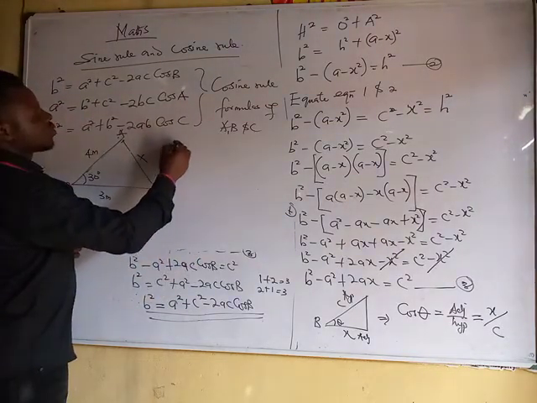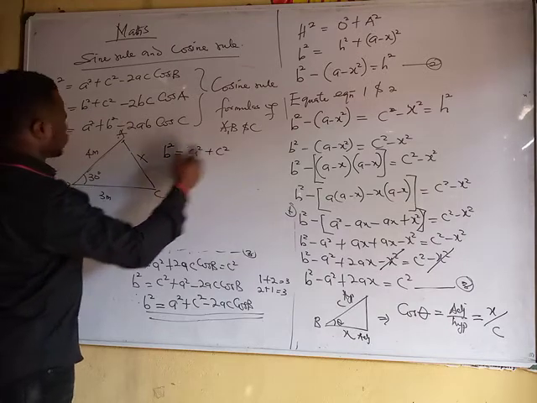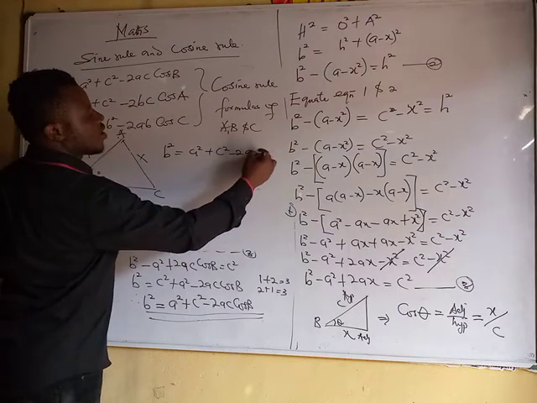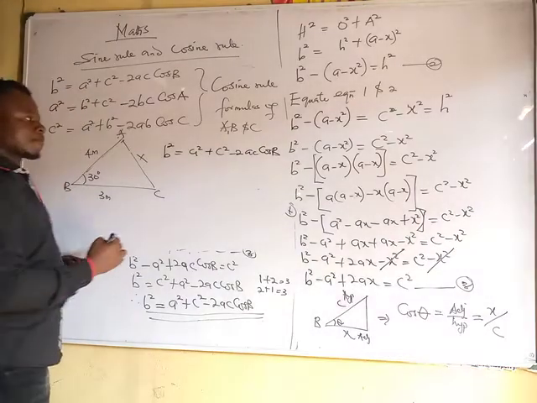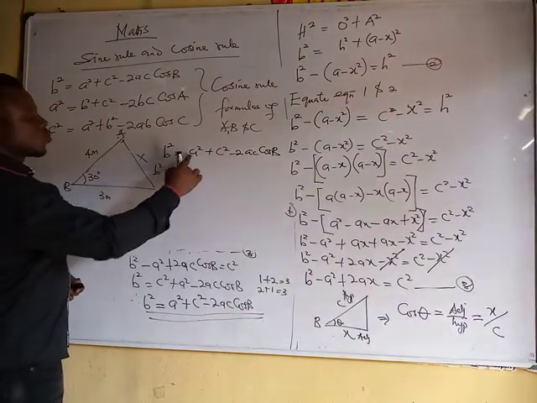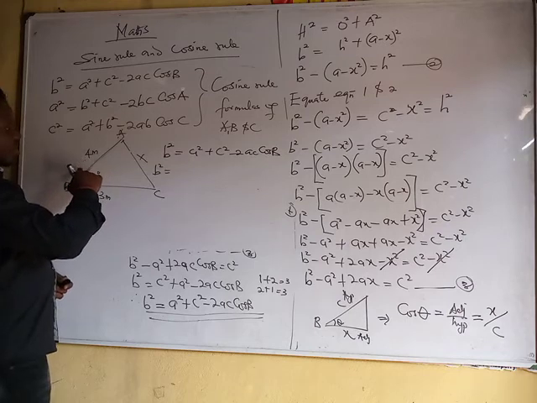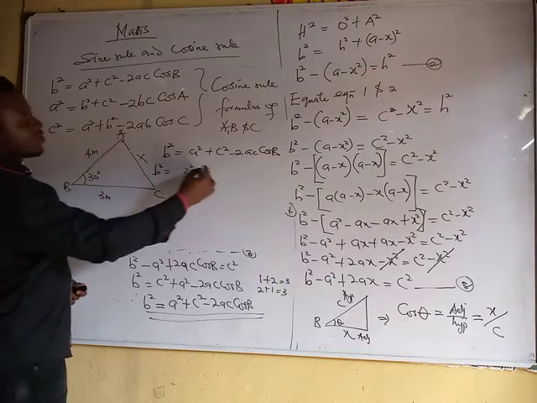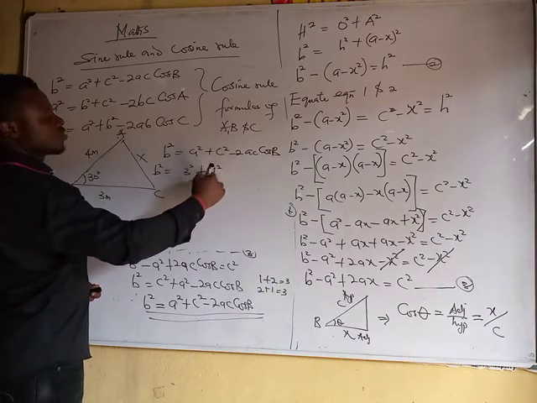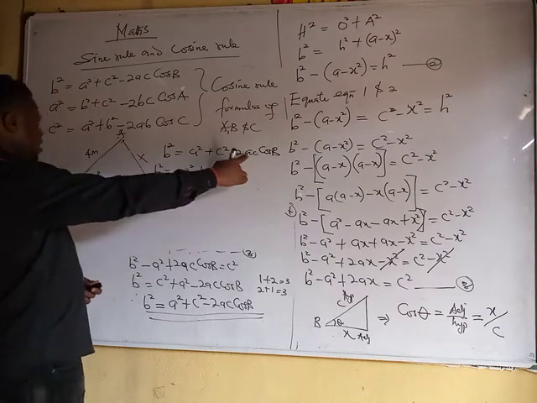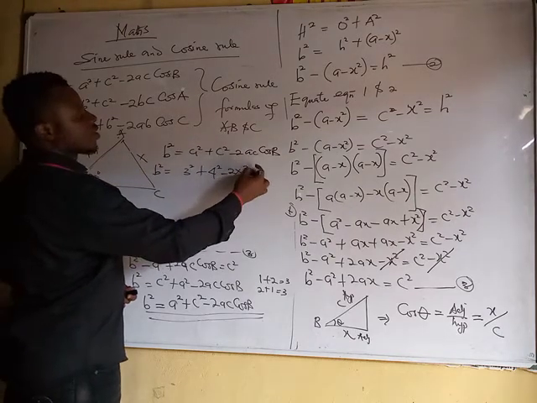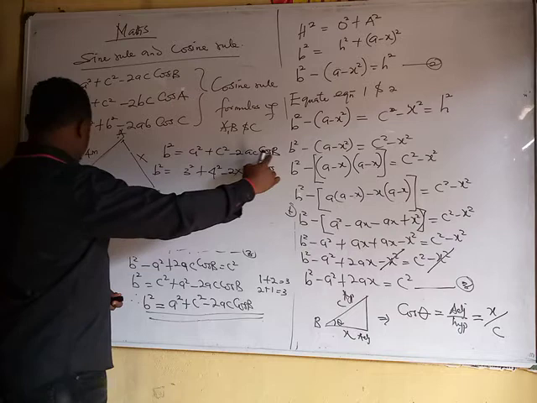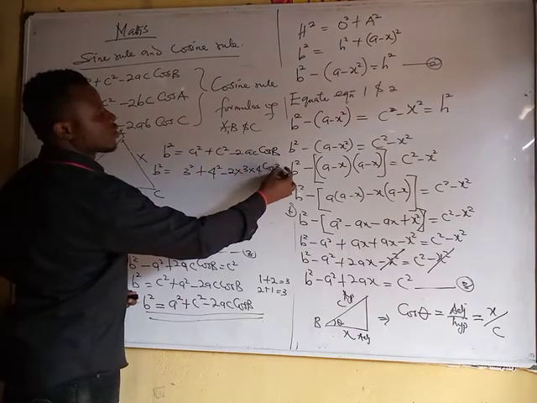We are going to use b squared is equal to a squared plus c squared, because we are given a and c, minus 2 times ac cos of B. So your b squared is equal to, what is your a? Your a is 3 squared plus, what is your c? 4 squared, minus 2 times 3 times 4, because the angle of B is 30 degrees.